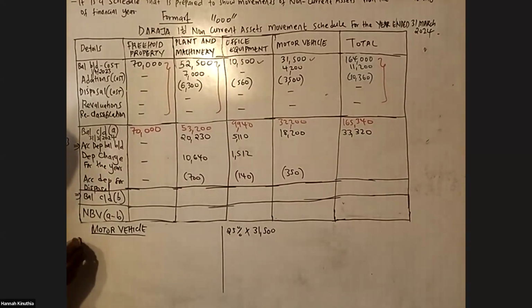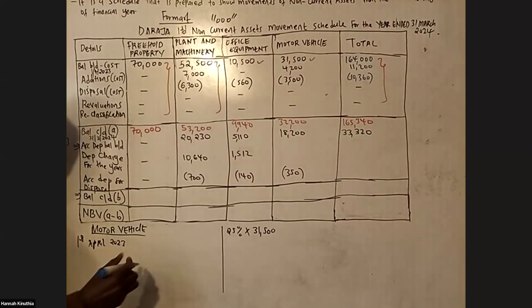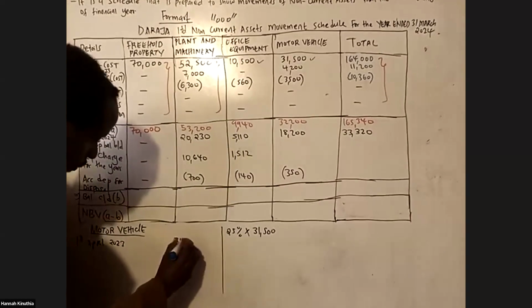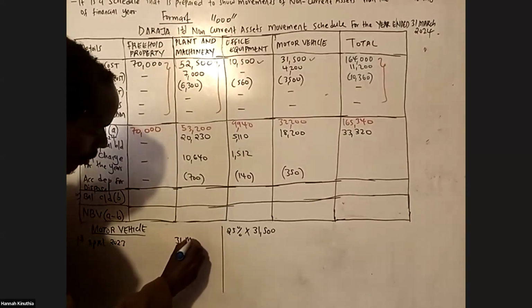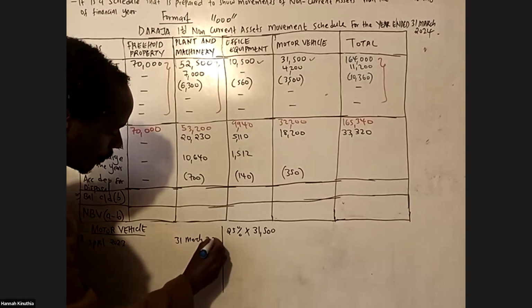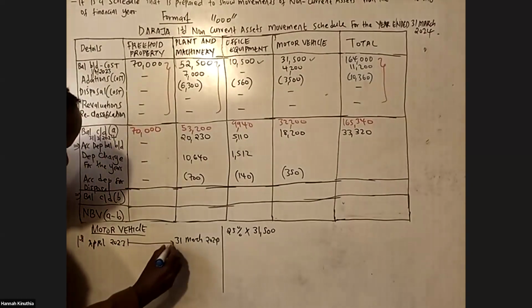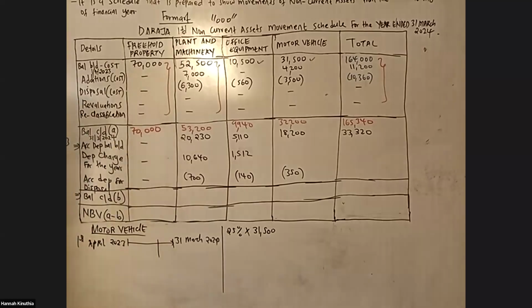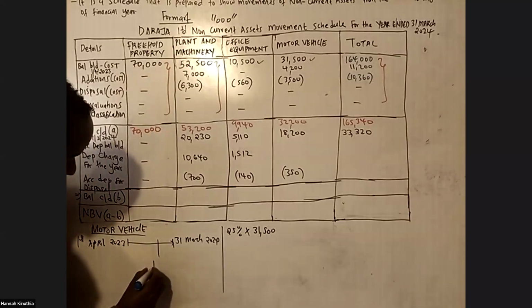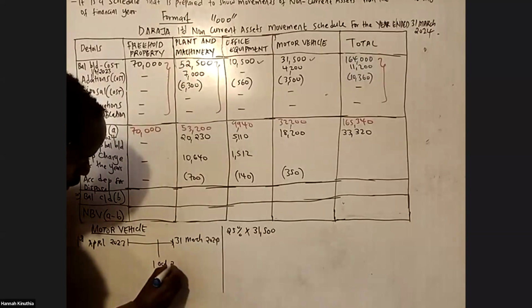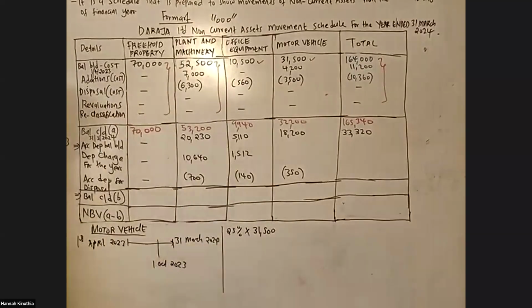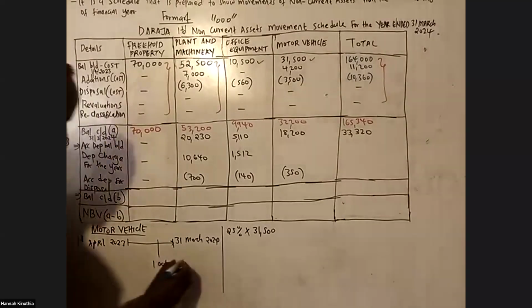Now remember our statement inaanza 1st April 2023 inaisha 31st March 2024. Now during the katikati, October, which date? 1st October 2023, there was an asset that was acquired. This one is acquisition.